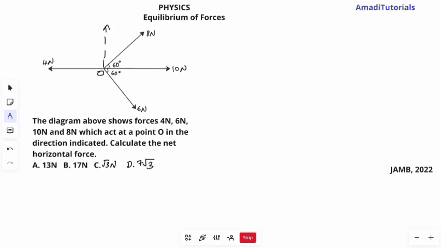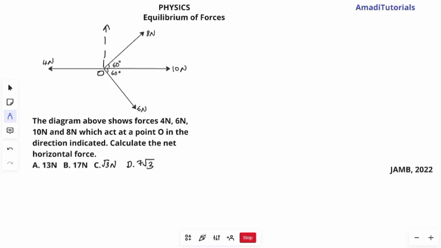So this 8 Newton force has impact in both the vertical and the horizontal. That's why, if you want to calculate net force, you have to resolve the ones that actually have angles. Unlike these ones where the angles are 0, like 10 Newton and 4 Newton, you don't need to really resolve them. Even if you resolve them, the resolution on the vertical axis will be 0, because the force acts directly on the horizontal, left or right.